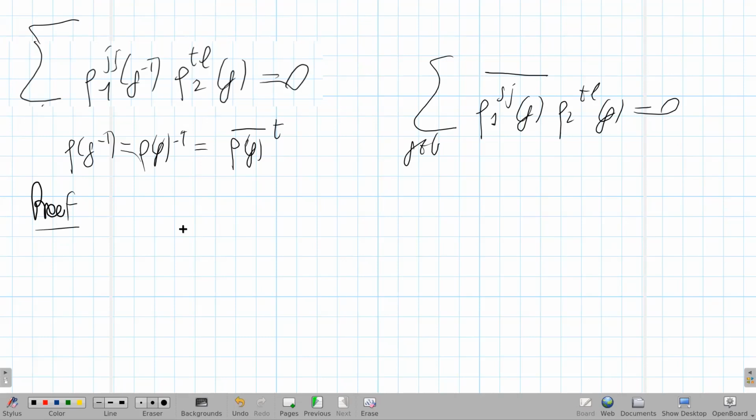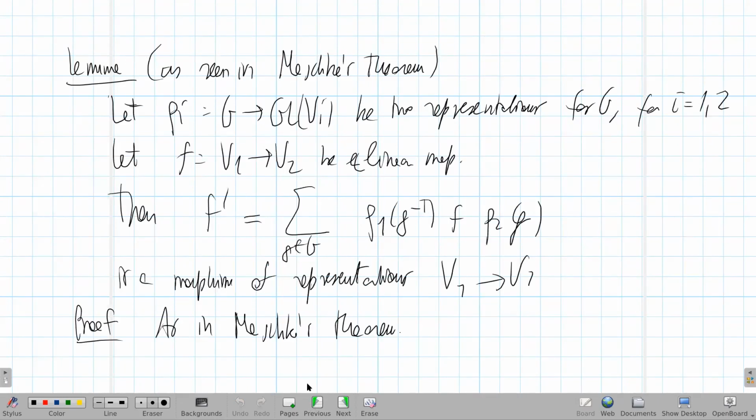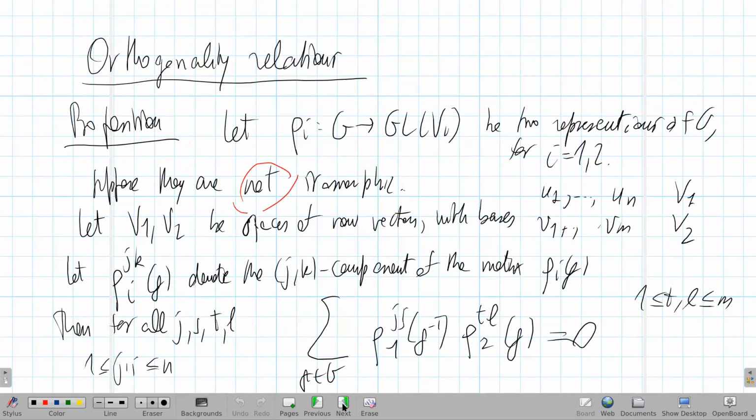We are exploiting this important fact that if I take any linear map, then this will be a morphism of representations. Good.